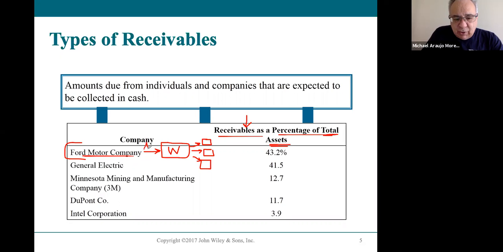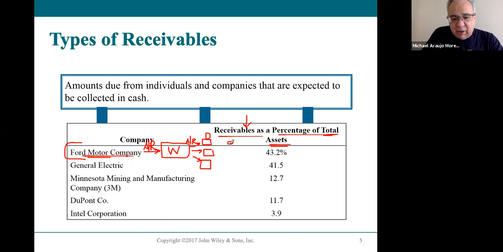When they sell to the wholesaler, it is not paying cash for much of this. They're putting some down, but most of it is they're waiting. Ford Motor is waiting to receive money from the wholesaler. The wholesaler, when they sell to the dealerships, are also selling to them on credit. So there's an outstanding accounts receivable that the wholesaler is expecting from the dealer.